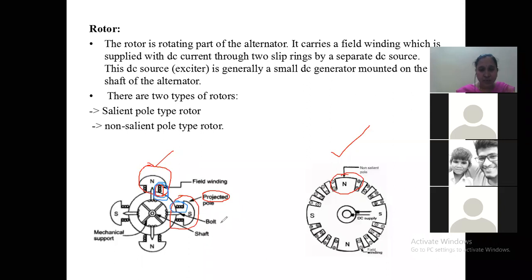For fixing the pole, we have a bolt. And at the center, of course, we call it the shaft. These are some mechanical supports given to the shaft. So let us go into the next one.